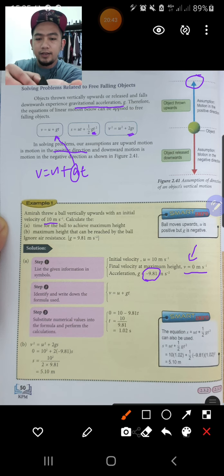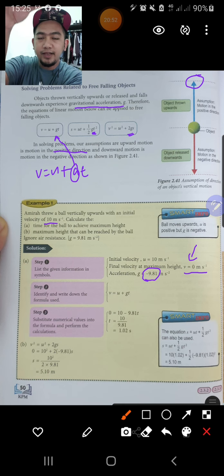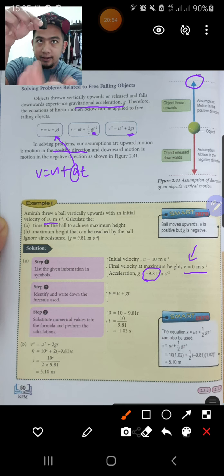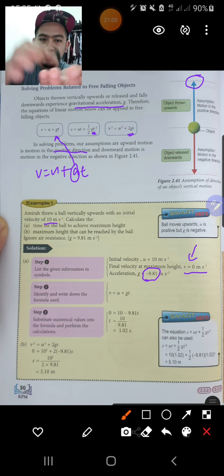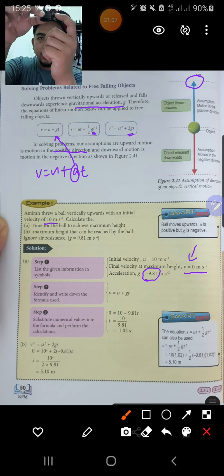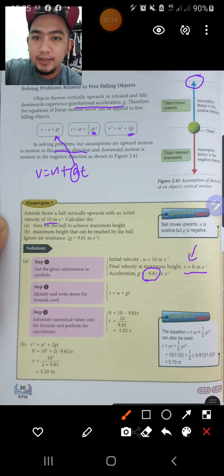Again, when the ball is thrown, its speed is 10 meter per second. And then when it reaches the maximum height, it will stop before it falls. Okay, this is the final velocity when it stops. Okay, the question asks for the maximum height, so this we let as the final velocity. That's why v equal to 0 meter per second.